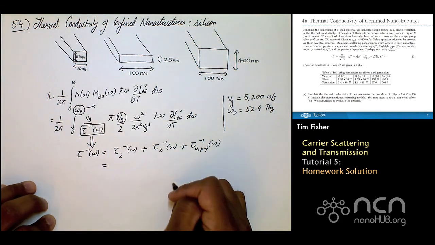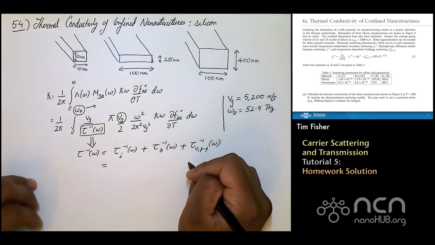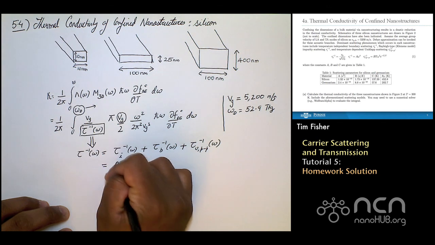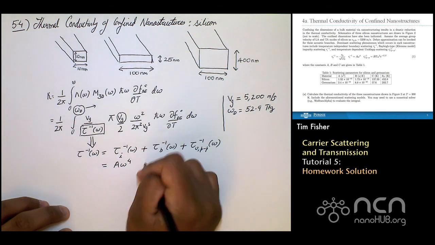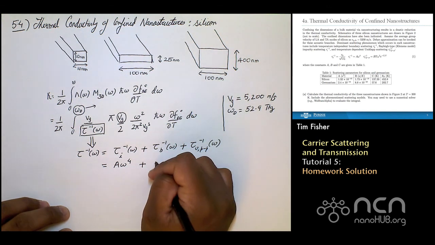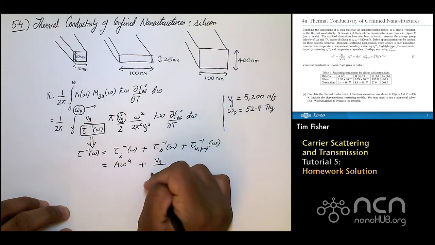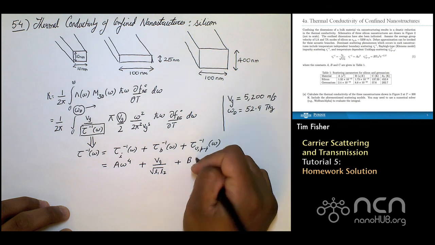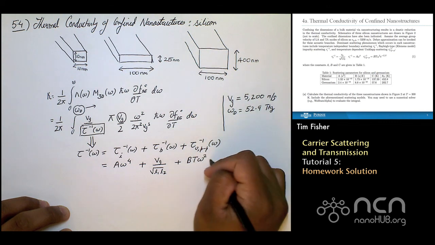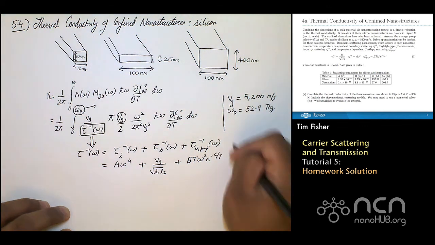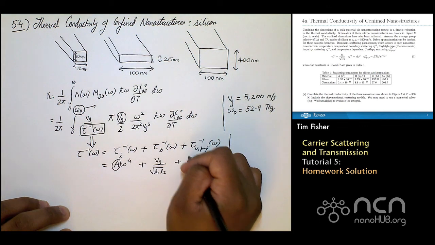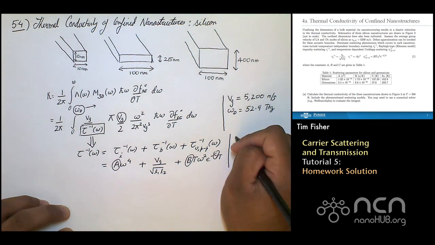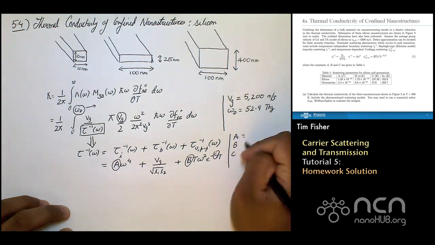For the impurity scattering in this case, we employ the Klemens model for Rayleigh type impurity scattering, which is essentially given as A omega raised to 4. The boundary scattering rate is given as Vg upon root L1 L2, and the Umklapp scattering rate is given as B T omega square e raised to minus C upon T. A, B, and C can be called scattering constants in this case, the values of which are given in the question, but I'll still write them down here.